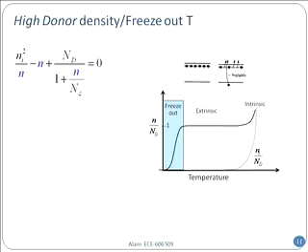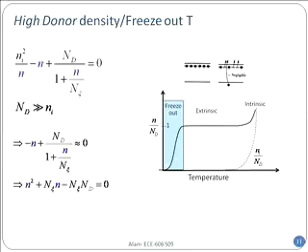So let's look at the freeze-out region and see why it goes like this. Let me assume, first of all, it's a donor doped material. So it has a lot of electrons actually, and not as many holes. You would assume that. And we'll check that in a little bit. So we'll drop the first term just to get started, assuming the number of P, the number of holes, is small.